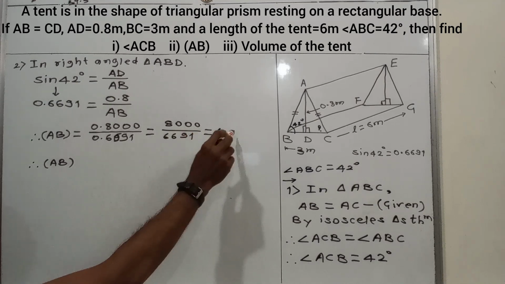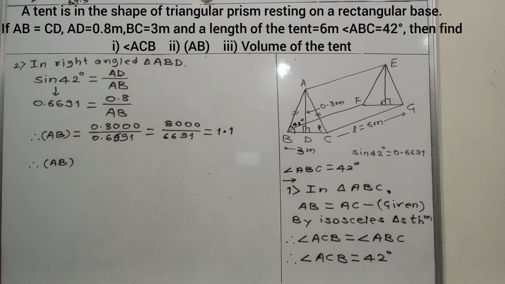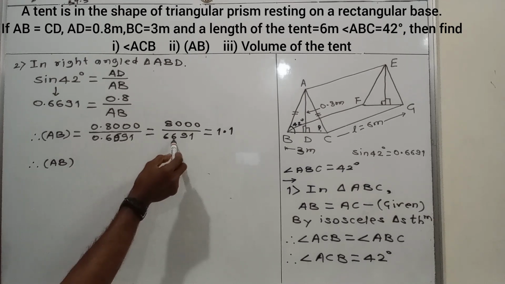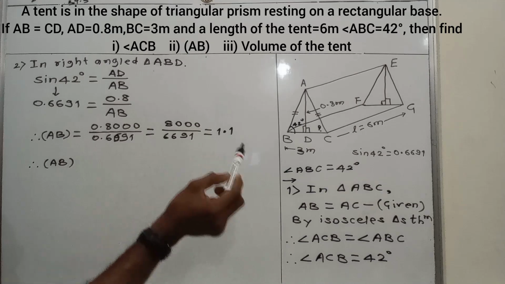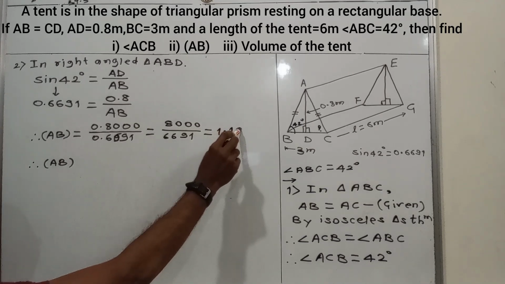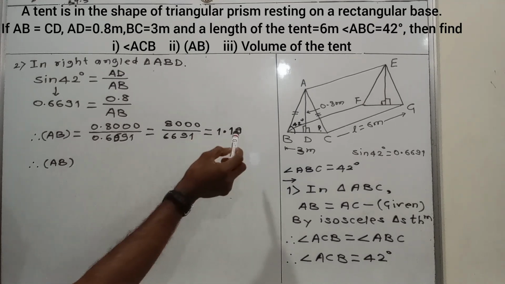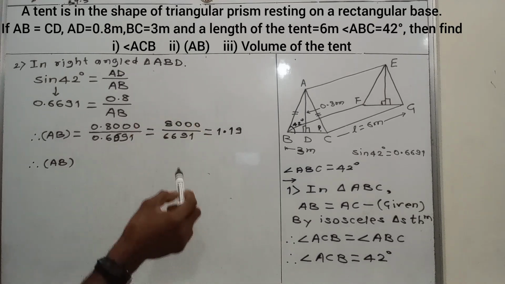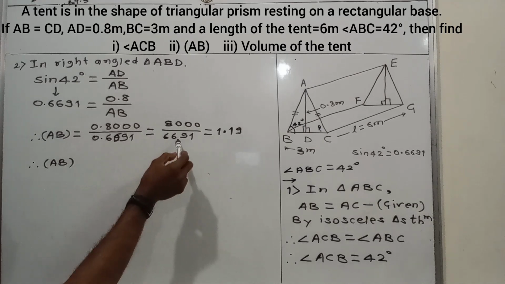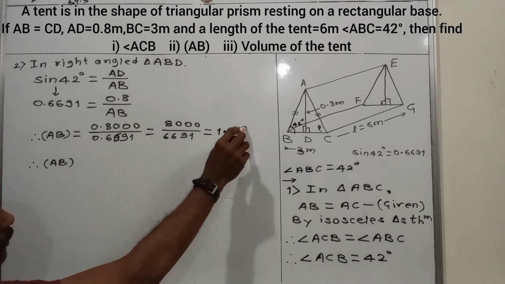Again the remainder is smaller than 6691, so we put another 0.